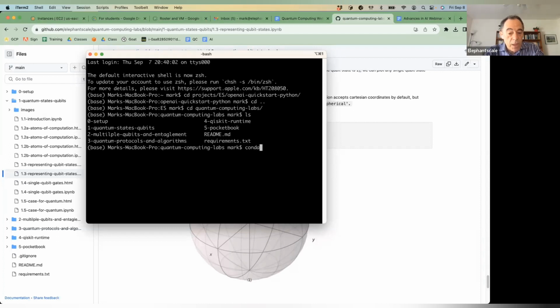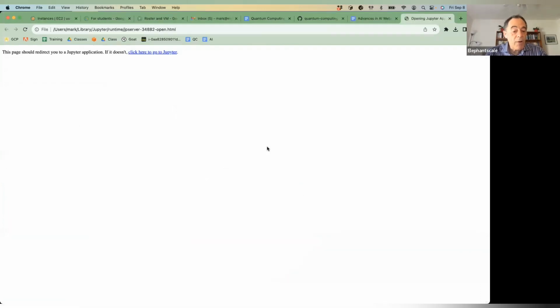And since I do it under conda, then I can say conda activate Qiskit. So I do that only once. You'll have to do it once, attentively, set it up. Then after that, you just say Jupyter Lab, and it's live for you, and we're going to see how it works and experiment with that.